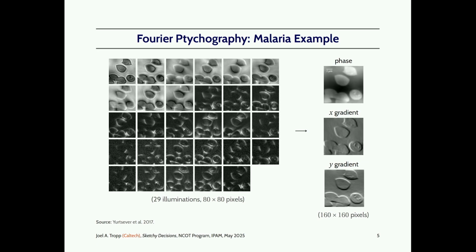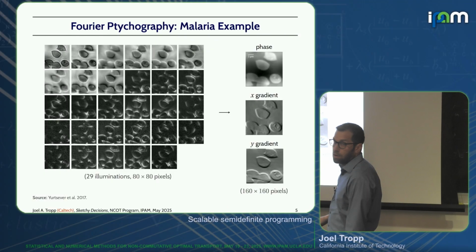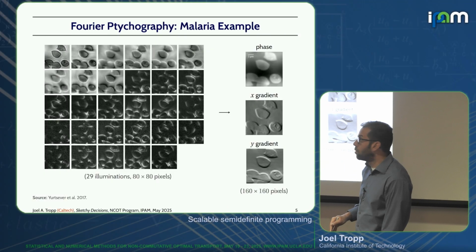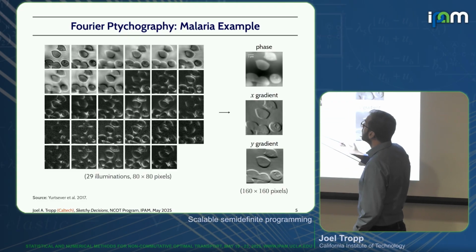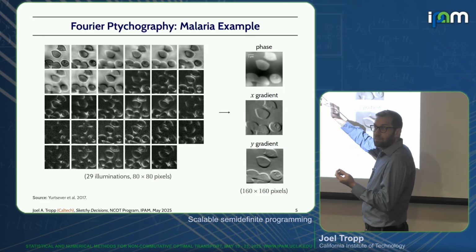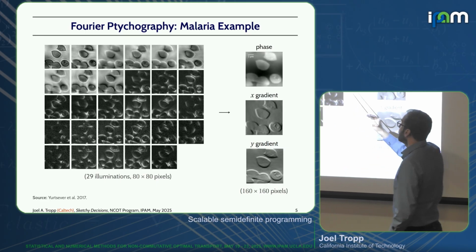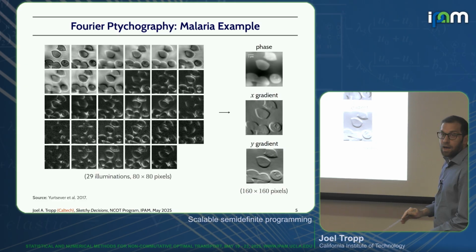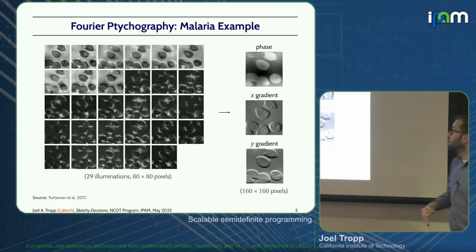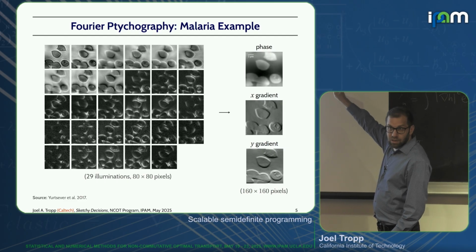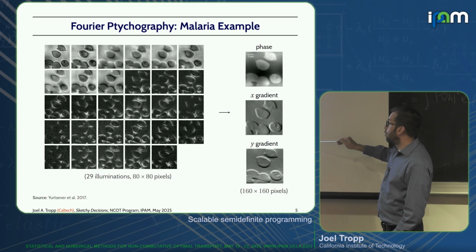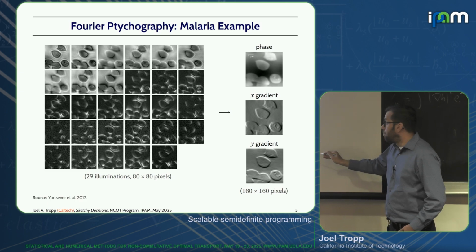So just to give you an idea about what's happening with these microscopes, here is a slide that has some cells that are contaminated with malaria, or infected with malaria parasites. We've collected 29 illuminations using light coming from different angles. Each of these illuminations is 80 by 80. And then using some computational procedure that I haven't explained to you, we can reconstruct the missing phases of the image. And from that, we can compute the X phase gradient and the Y phase gradient, which are bigger images.